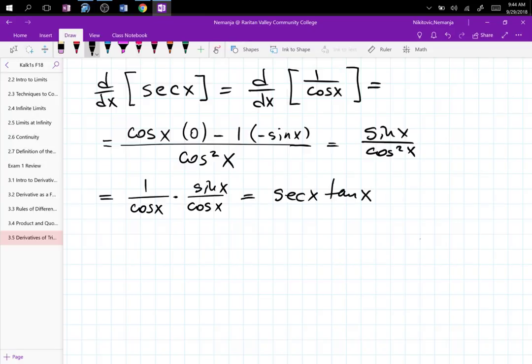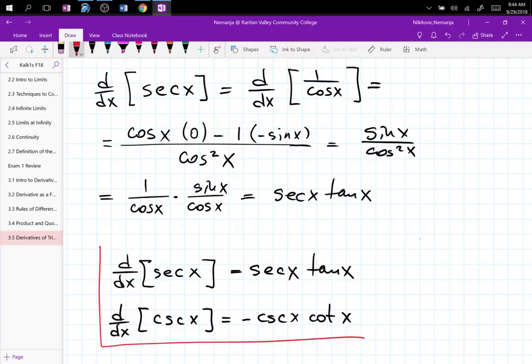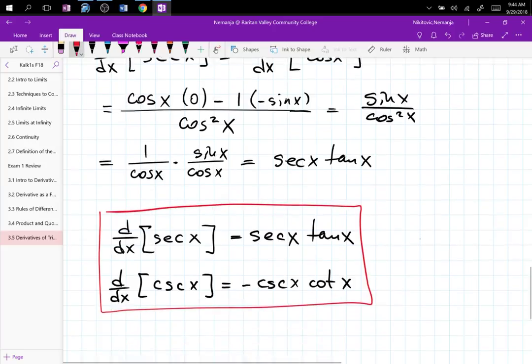So this calculation gives us that the derivative of secant x is secant x tangent x, and the derivative of cosecant x is negative cosecant x cotangent x. And I'll put a red box over that, which has the final 6.